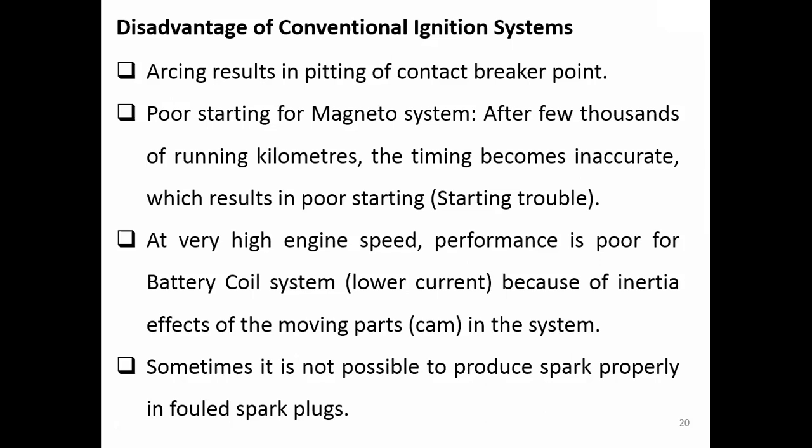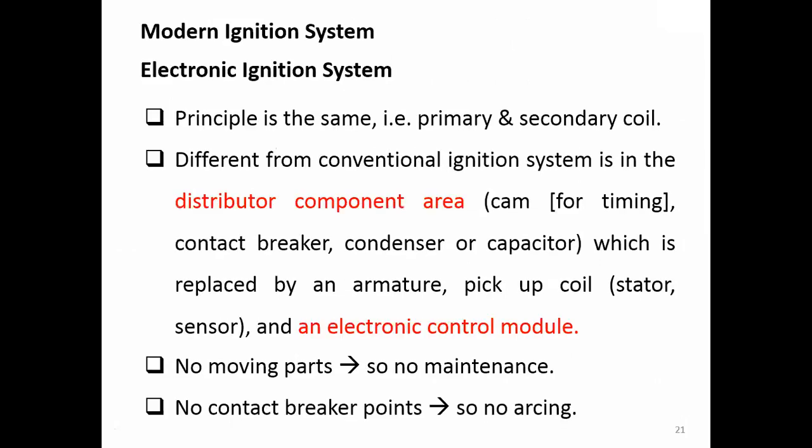So good or bad does not depend only on its own system, but also on the condition of your spark plug. Okay. So these are all the disadvantages of the two ignition systems that we just mentioned. That's why engineers started to think about the modern ignition system, to help solve all of those problems.